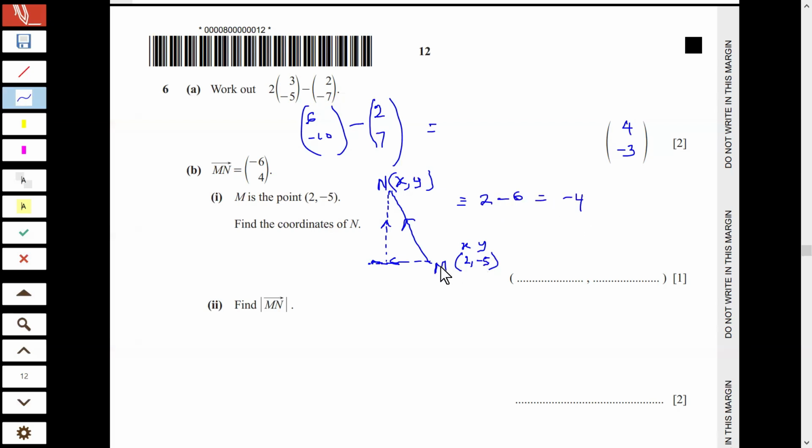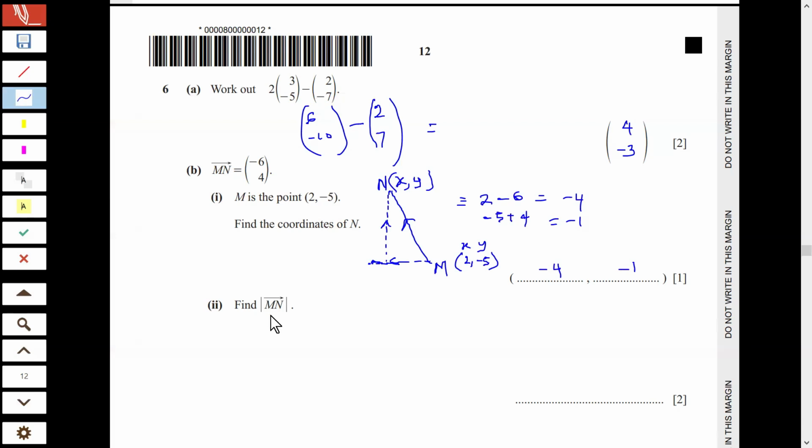And then we're moving up, which is the positive direction, so it's going to be -5 plus 4. And that should be -1. So the answer here should be -4 and -1.